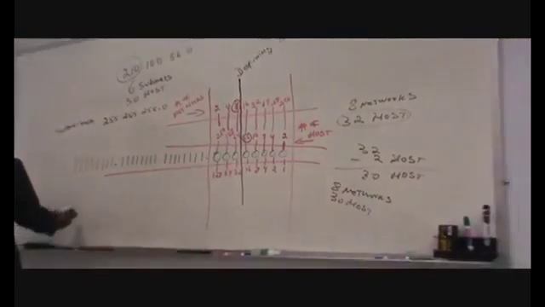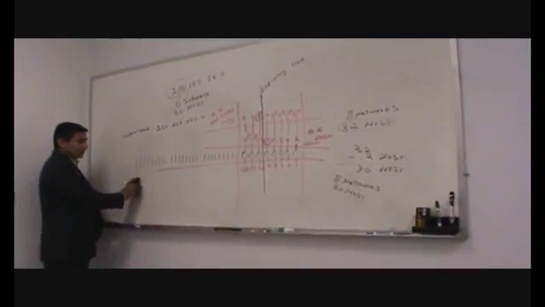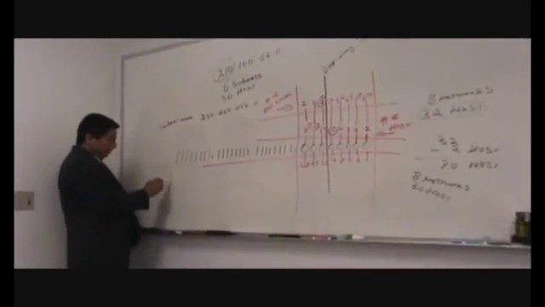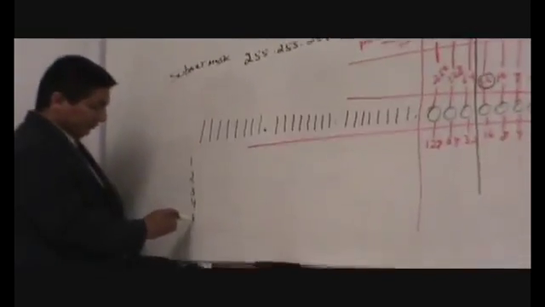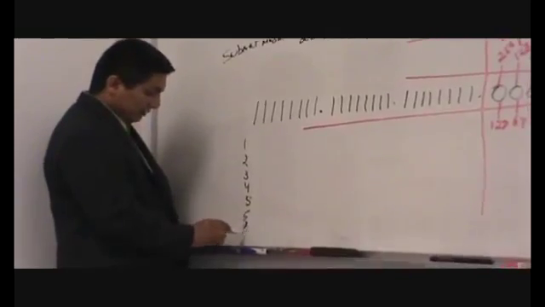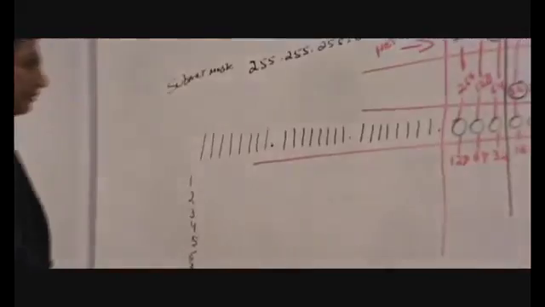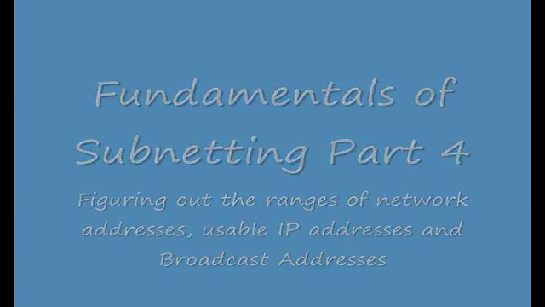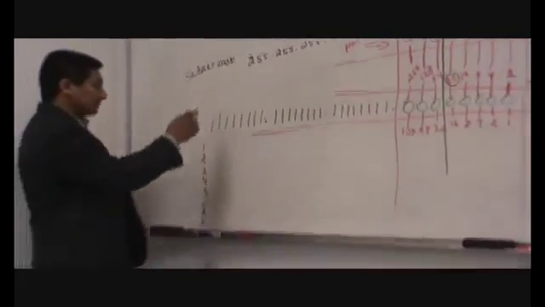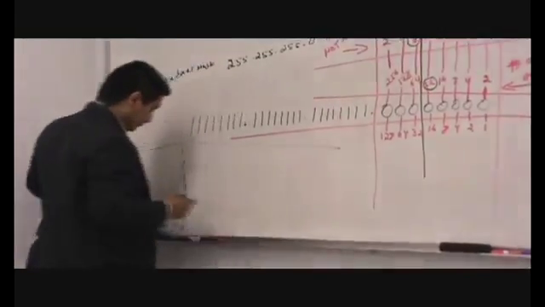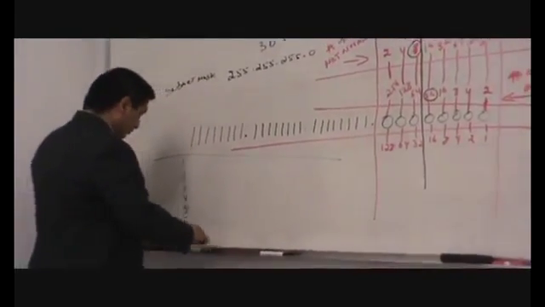And now we can start breaking down the networks, so that we have, let's see, 8 networks. 1, 2, 3, 4, 5, 6, 7, 8. I don't know if that's going to fit there. So I start counting. We're going to have 3 different things here.